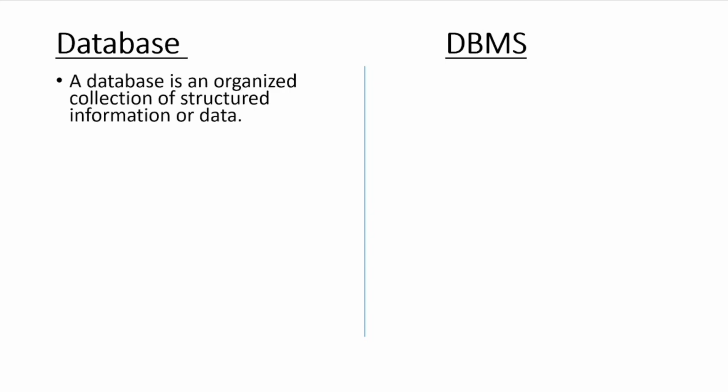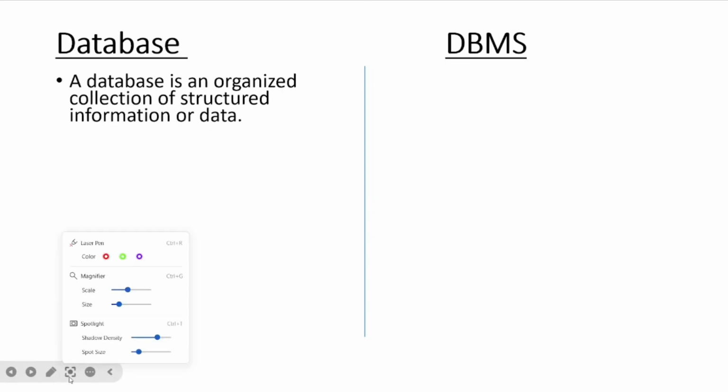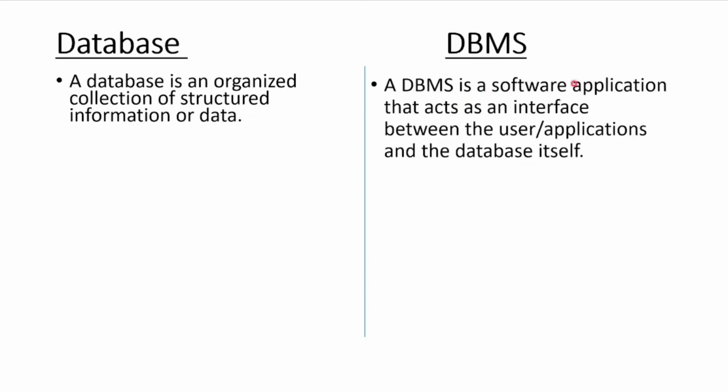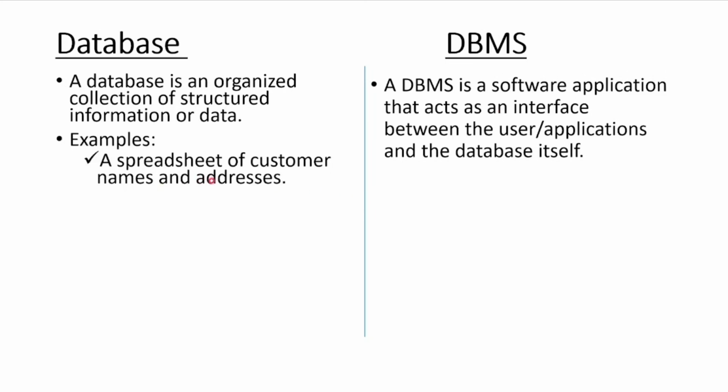So again, database is an organized collection of structured information or data, and DBMS is a software application that acts as an interface between the user applicants and the database itself. So DBMS is a software or an agent which works in between the user and the database. So the example can be a spreadsheet of customer names and addresses.